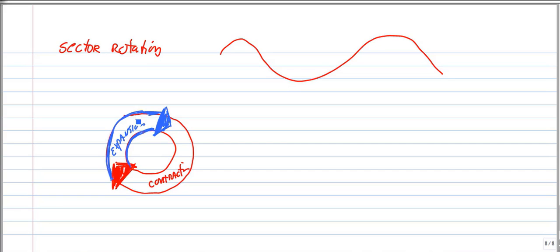Okay, and what we see is different industries we expect to perform at different levels. So let's start with our expansion. Let's look at the beginning of our expansion. Right here, this says consumer discretionary.